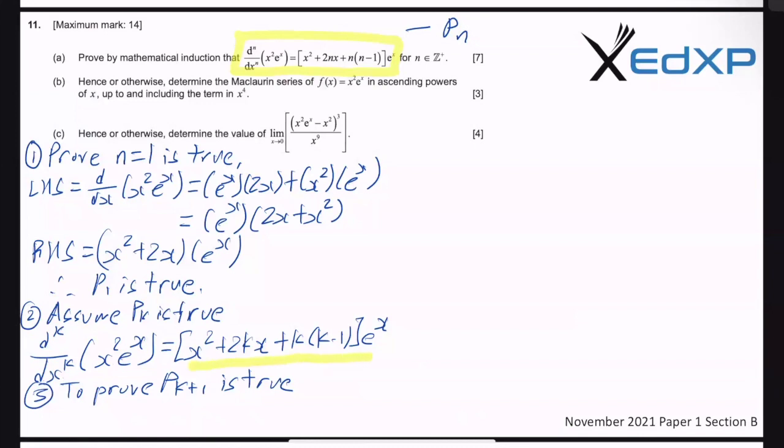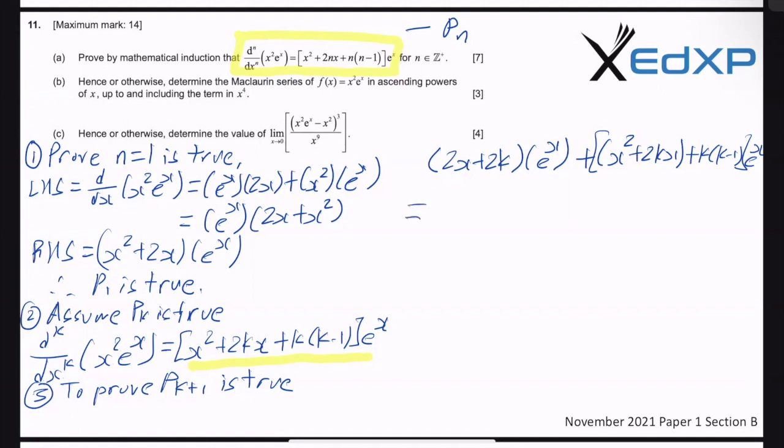When we differentiate the kth derivative, we get product rule again. So we have 2x plus 2k times e^x plus x squared plus 2kx plus k times k minus 1 times e^x. So this is the (k+1)th derivative.